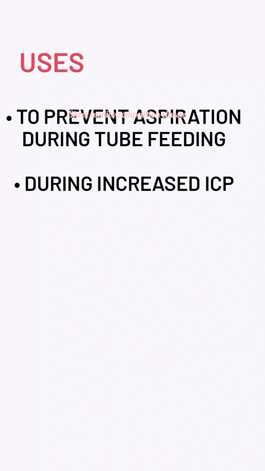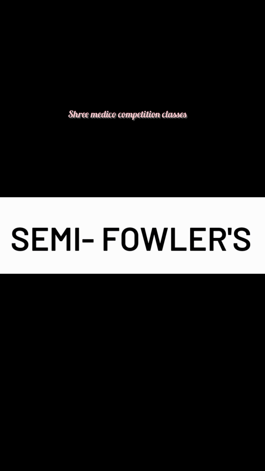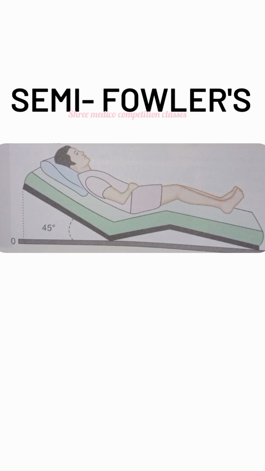Now I am talking about the next position, that is the semi Fowler's position. In this position, the head of the bed is elevated at an angle of 45 degrees, and the flexion is at the level of the waist.